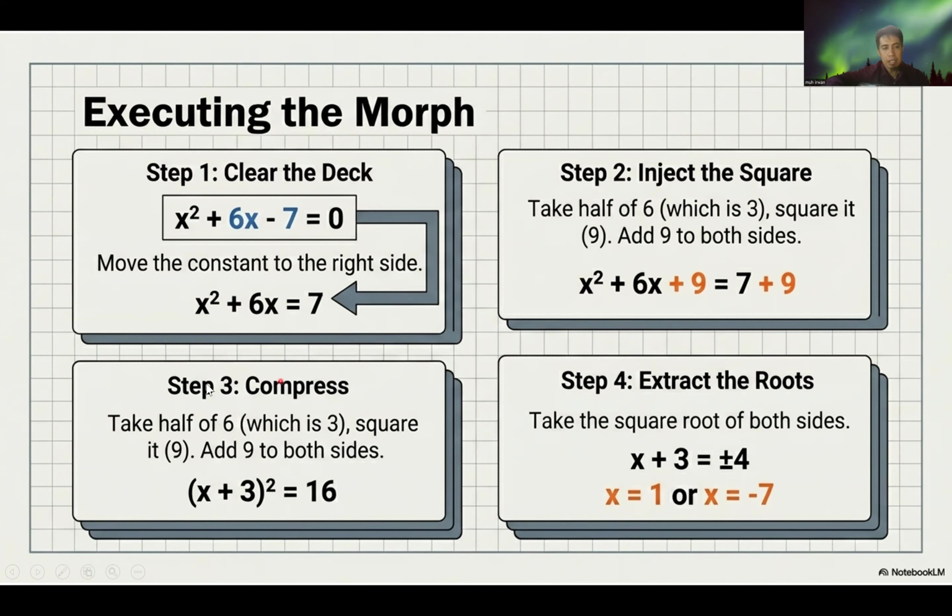And step 3 is compress: (x plus 3) squared equals 16, from 7 plus 9. And we can get that x plus 3 equals plus or minus 4. And we get x equals 1 or x equals minus 7.